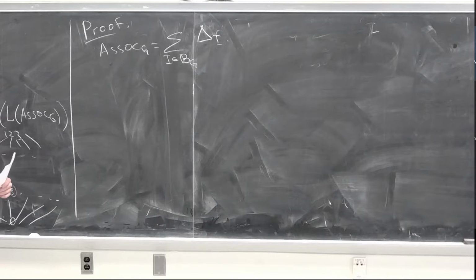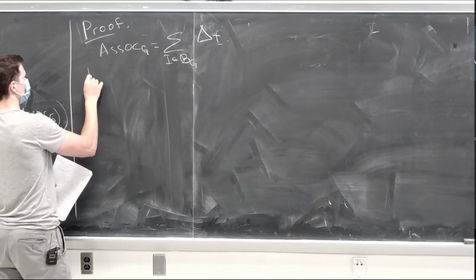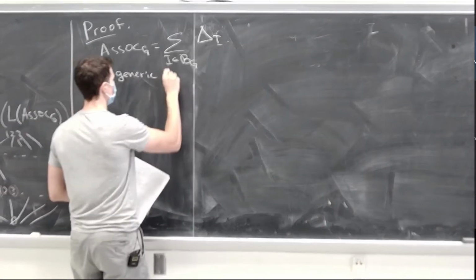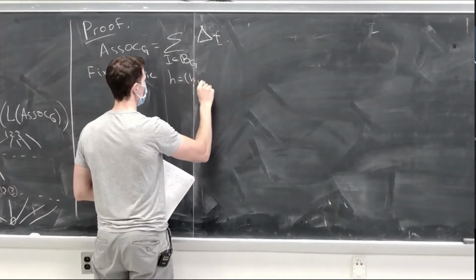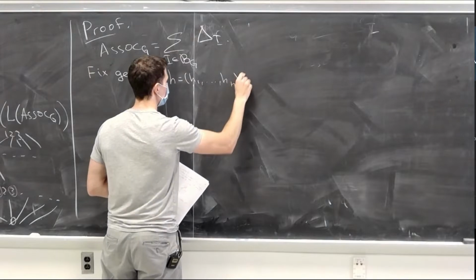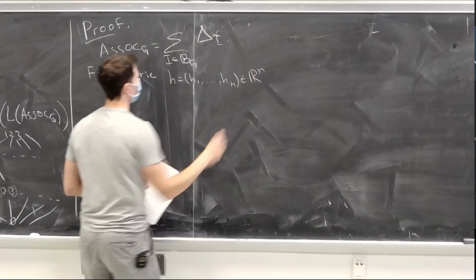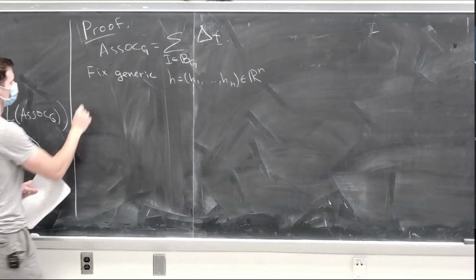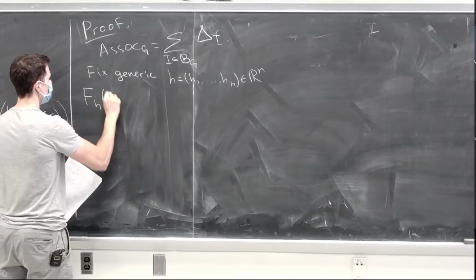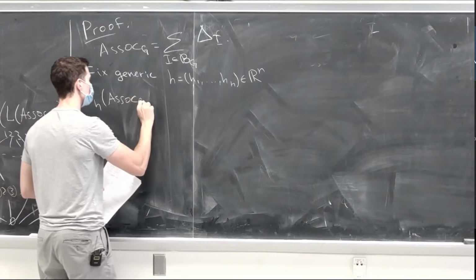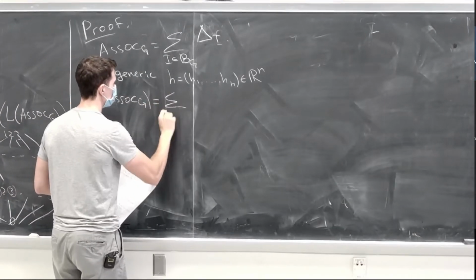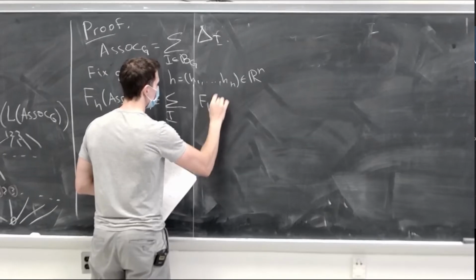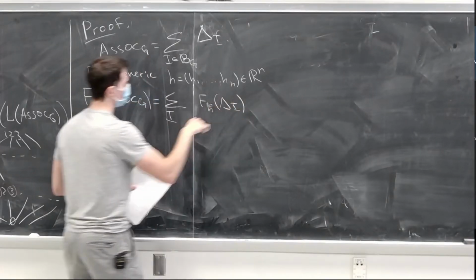Okay, you want to take, let's say, a generic vector. Fix a generic vector h = (h1, ..., hn). All right. Then, of course, the corresponding face of the associahedron is the sum of the corresponding faces of the deltas.